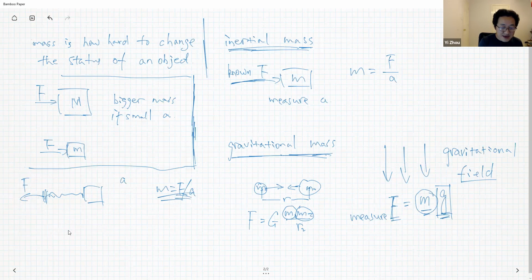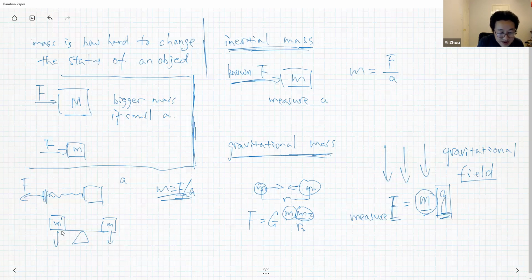Another one is you are using a scale, right? You put a known mass here, and you find another unknown mass on Earth.